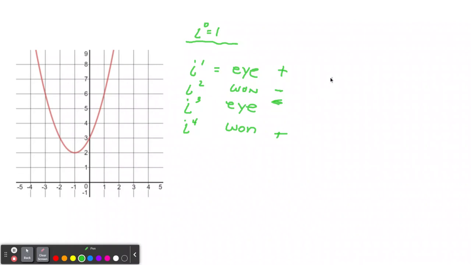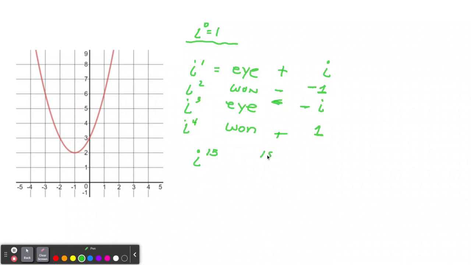So what should this one be? i positive, right? 1, then negative i, and then 1 positive.